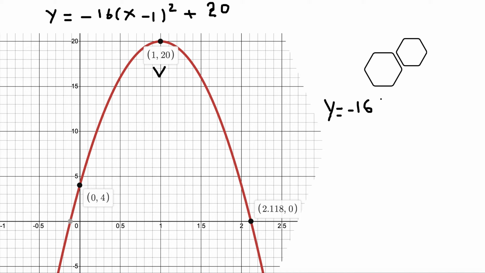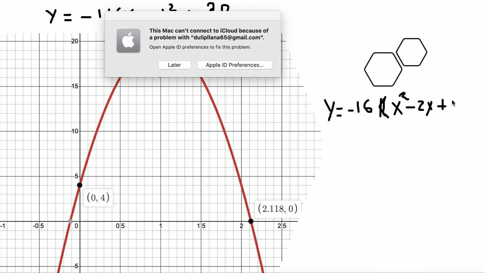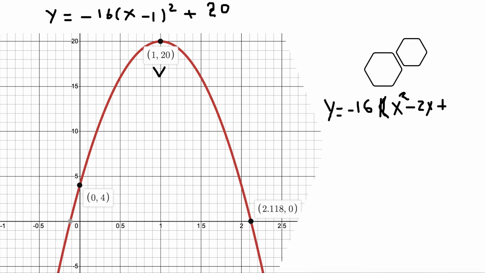Minus 16 times, and instead of (x minus 1) squared, I'm going to expand, which is x squared minus 2x plus 1. And in the end I have plus 20.